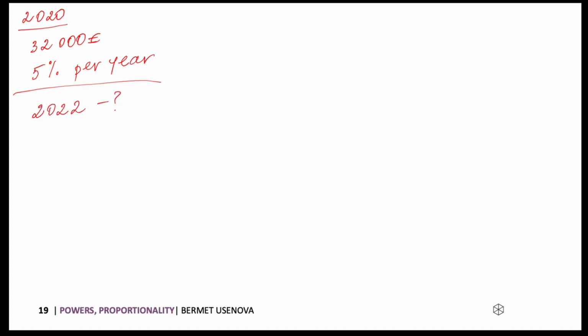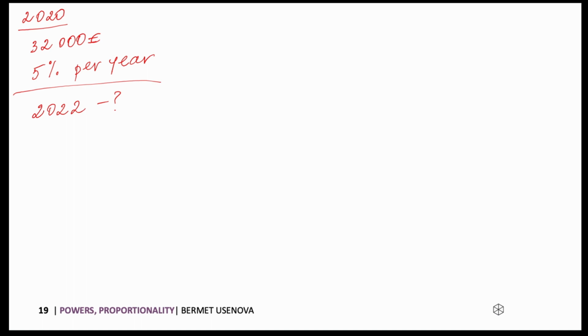Let's say at the beginning of 2020, you decided to open a savings account in a bank and put there 32,000 euros. The savings account pays 5% interest per year on your balance at the end of the year. And since today is 2022, how much money will you have at the end of this year?